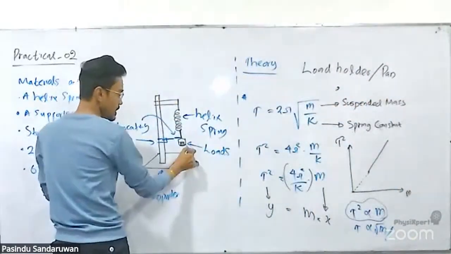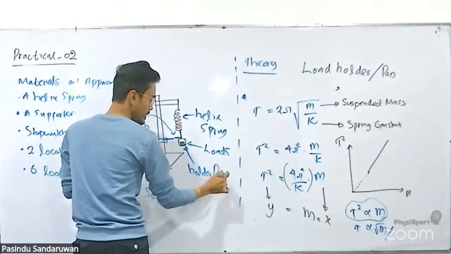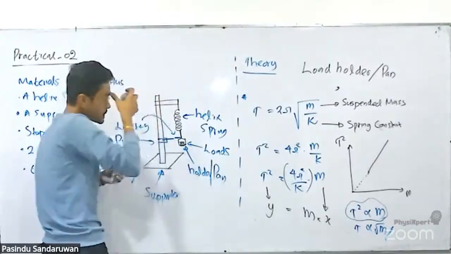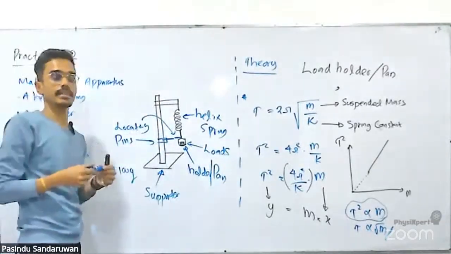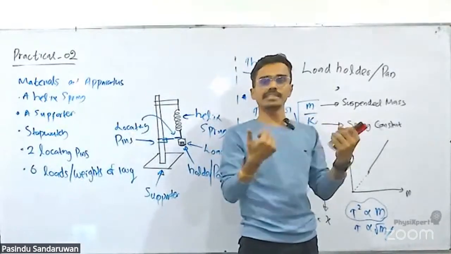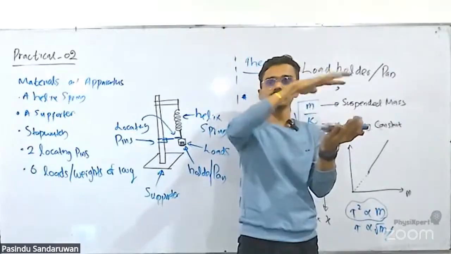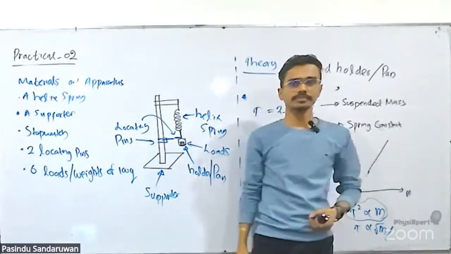If needed, you can label this as the holder or pan. Otherwise, you have to detach and attach one by one. Hold it, then you can add the weights onto the pan.